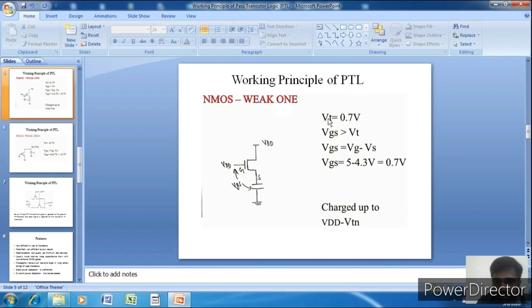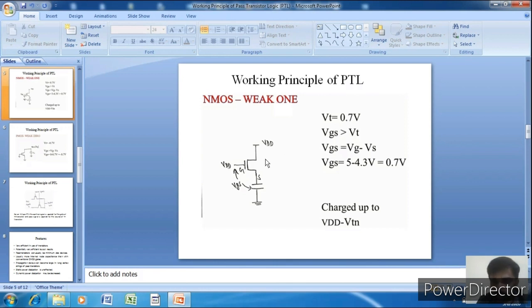Let us consider the threshold voltage required to turn on this NMOS transistor is 0.7 volt. That is represented here. VT, the threshold voltage, is equal to 0.7 volt. And the condition for turning on this MOSFET is that VGS must be greater than VT. That is, this gate to source voltage must be greater than the threshold voltage.